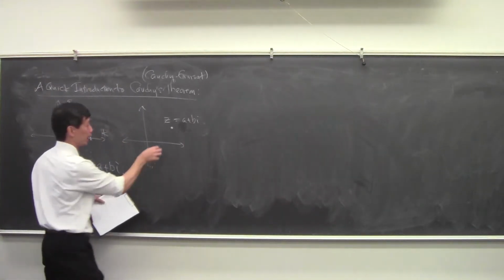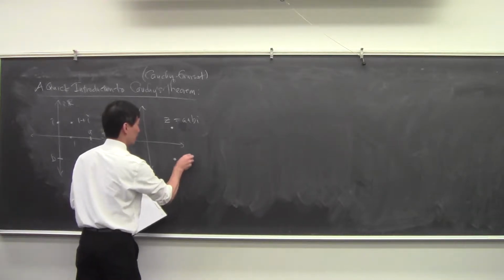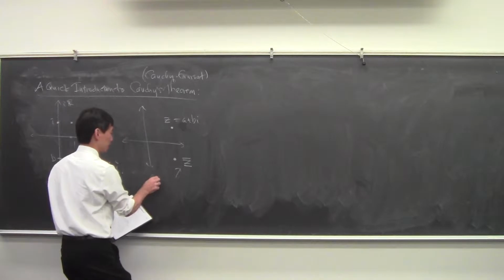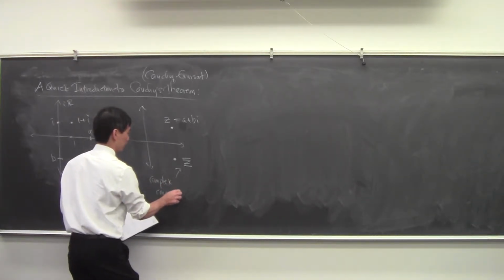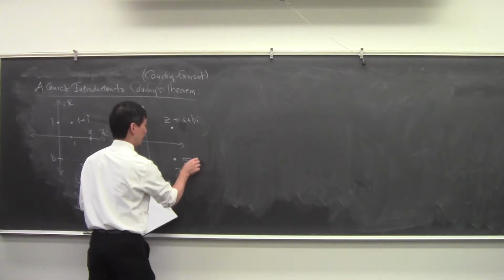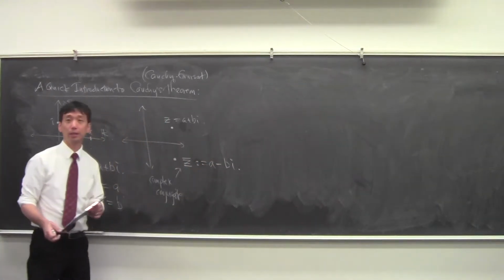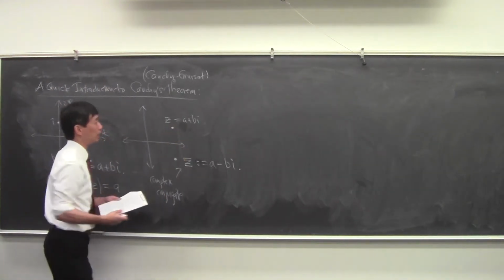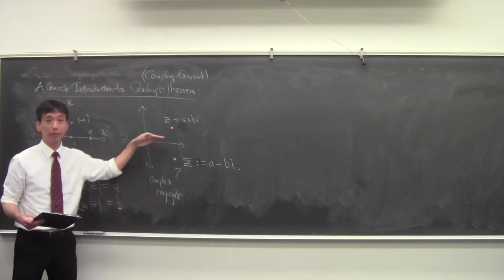Another useful concept is something called the complex conjugate. It is defined as a minus bi. As you see, it's the reflection of the number across the real axis.